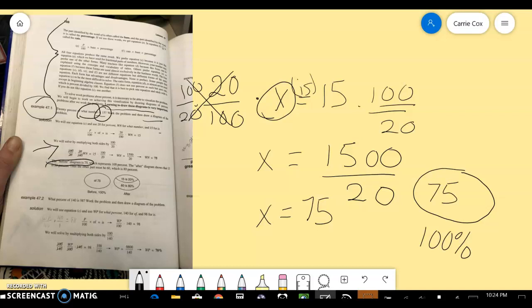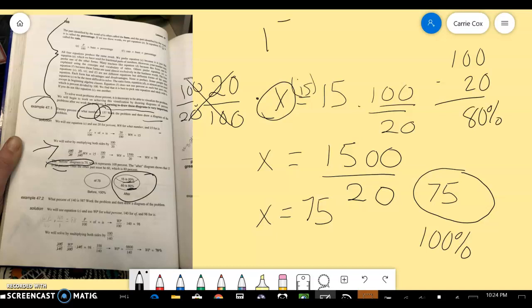So now we're going to have the second part. The after diagram shows that 15 is 20%. Thus, the other part must be 60, which is 80%, because 80 plus 20 gives us 100%. So if we say 100 minus 20, we get 80%.